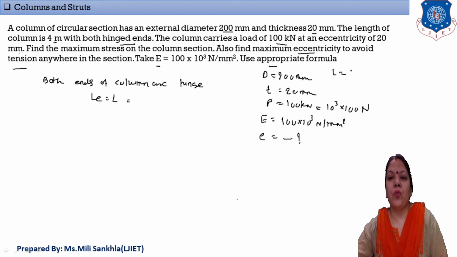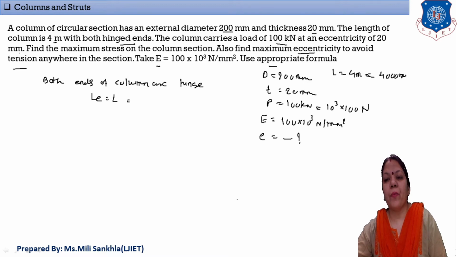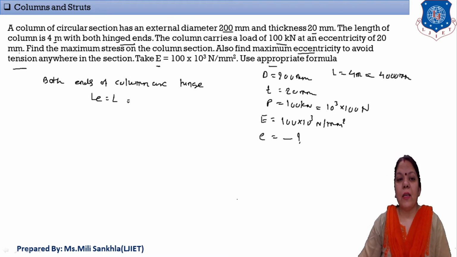First of all, convert into mm. 1 meter is equal to 1000 mm, so 4 meters is equal to 4000 mm. So Le is equal to L, that is equal to 4000 mm.